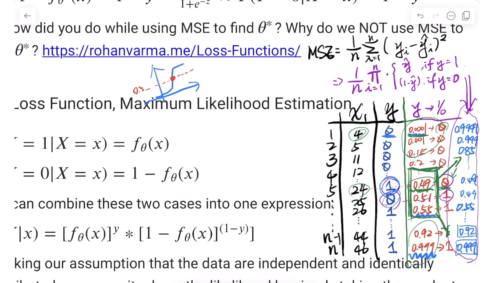So if a model has less green part, that means every y-hat value will be close to 0 or close to 1, and that model would be better. We want to eliminate the values near 0.5.